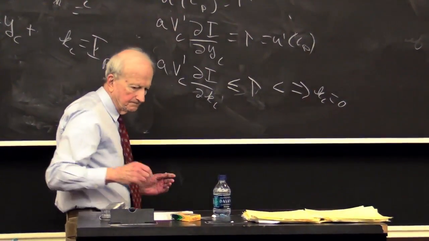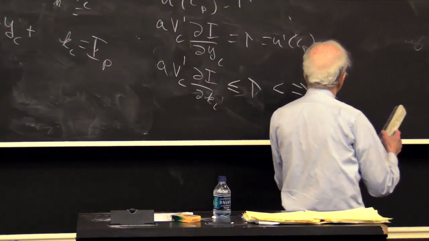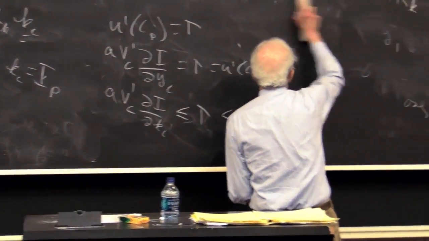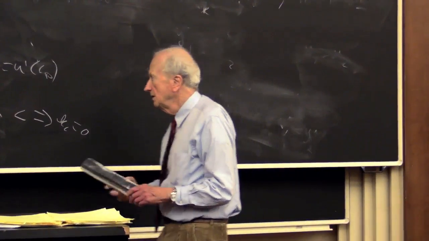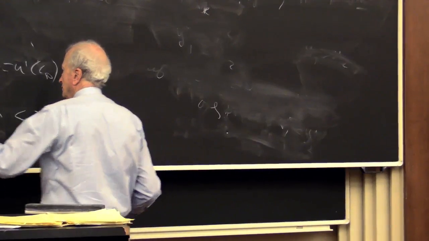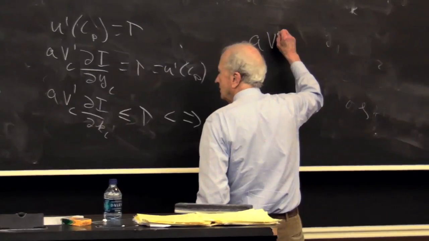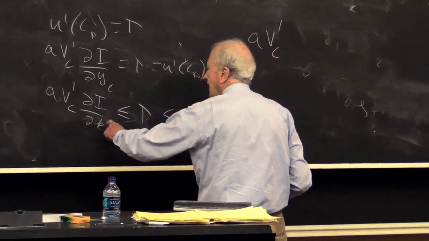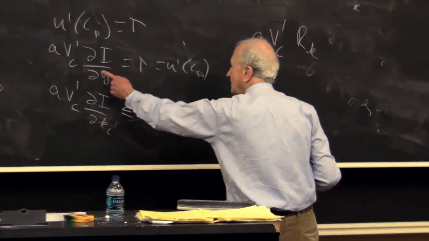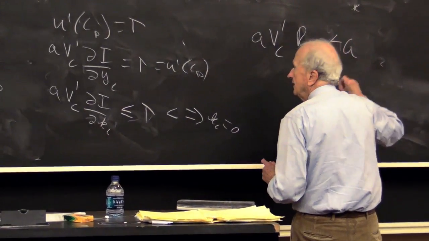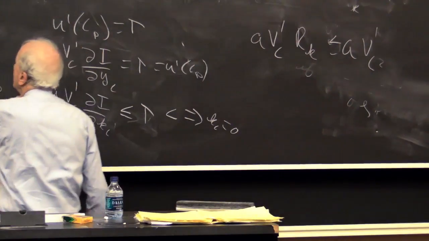Well, if we look at these two conditions, write it over here. We can say that A V prime of C, now di dkc is RK, less than or equal to lambda, equal to A V prime C times di dyi.